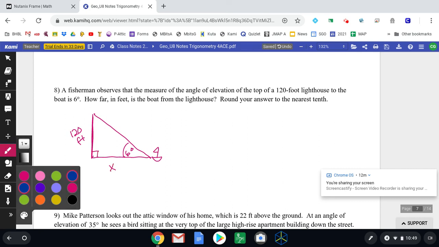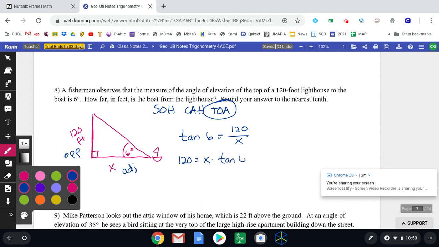So, same as last time, SOHCAHTOA. I have an adjacent. I have an opposite. That's a tangent function. So the tangent of 6 degrees is my opposite over my adjacent. So cross multiply. 120 equals x times the tangent of 6. Let's get that alone.